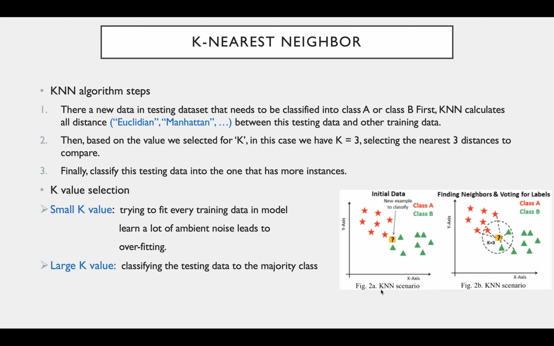And on the other side, when we use a large K value, we are just classifying the testing data based on the majority class. So these are some things we need to be careful about when selecting the k-value.